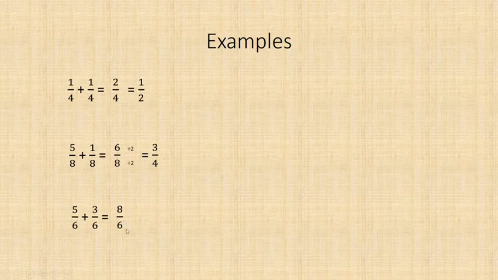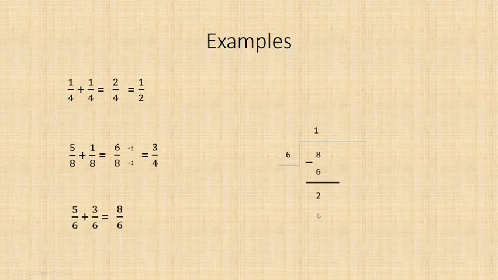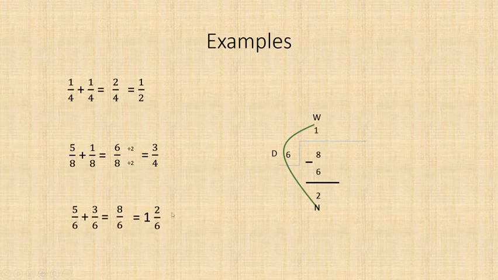So for 8 over 6, I will just make the division here. 8 divided by 6 equals 1, put 6 down, and then subtract. 8 minus 6 equals 2, and the denominator stays the same. So it's the whole number, which is 1, the numerator, which is 2, and the denominator, which is 6.